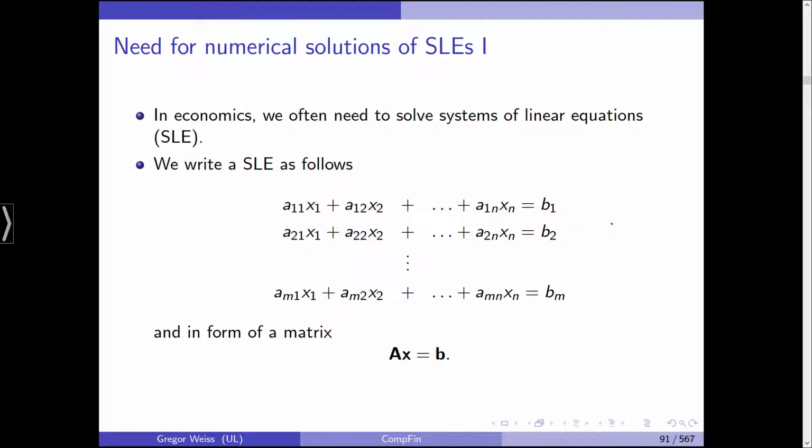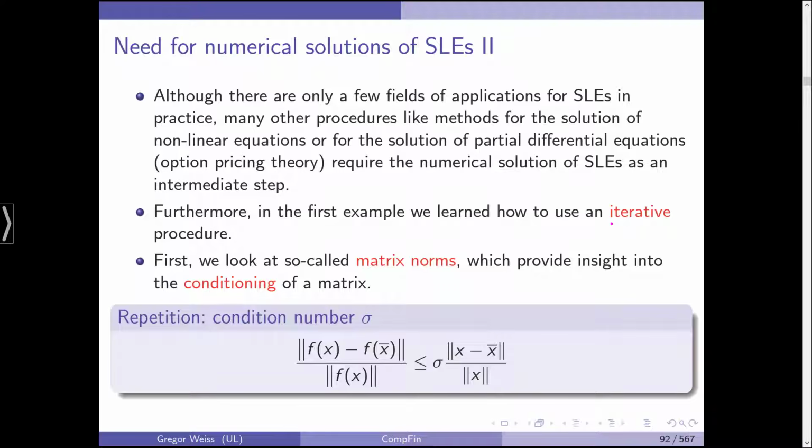Writing this using matrices and vectors, the standardized form of a system of linear equations is given by A, the coefficient matrix, times the solution vector x, which has to equal the vector b. This is what it looks like, and we need to solve for it.